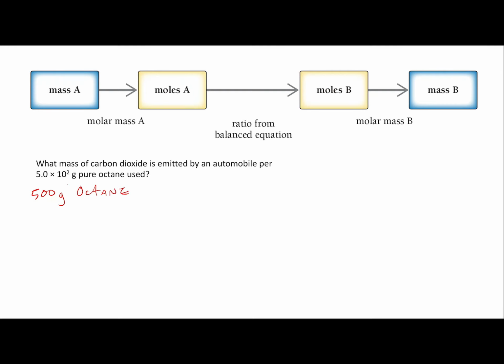Now for that, we're going to need to figure out how many moles of octane that is, right? Because this is where we are. We're at mass of A. Octane is A, carbon dioxide is B. We want mass of B, but to get mass of B, we need to know moles of B. To get moles of B, we need to know how many moles of A there was. To know how many moles of A there is, we have to convert our mass of A. So those are the steps that we're going to be taking.